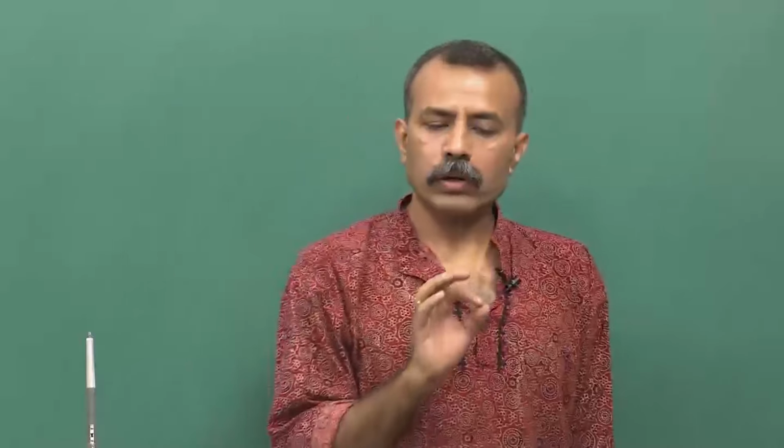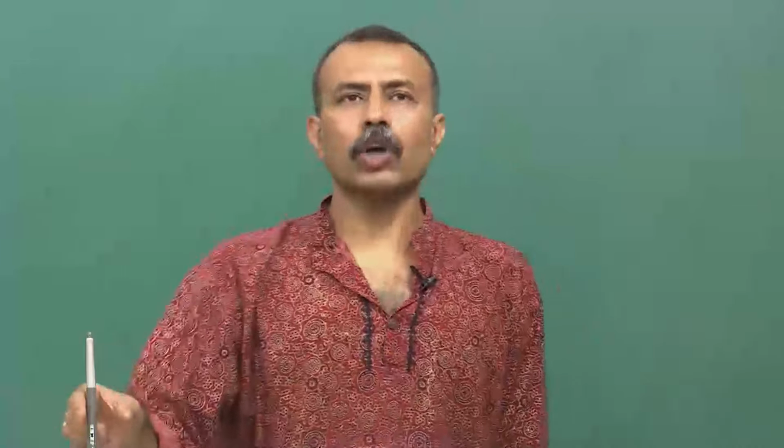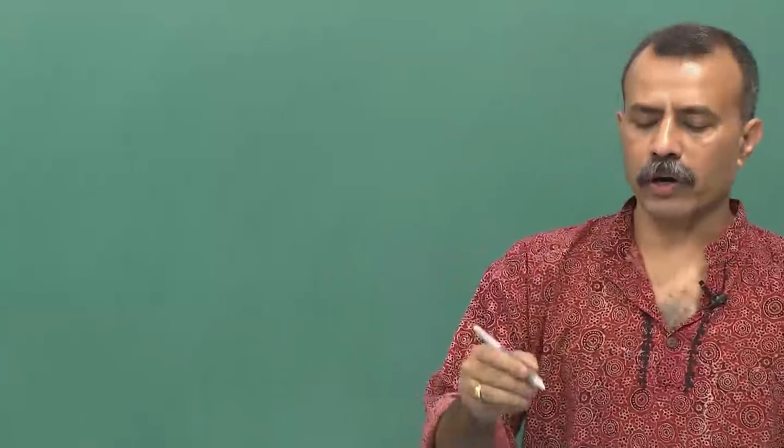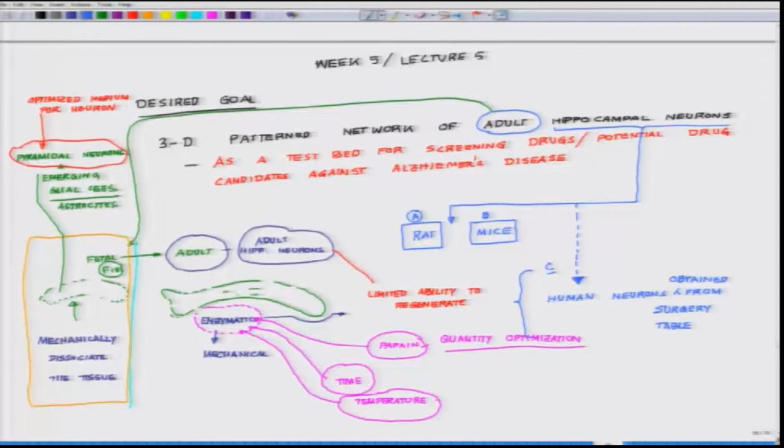So, the medium which is commonly used for fetal hippocampal neuron is called neurobasal medium. You can go online and check it out. Okay. Neurobasal medium, and neurobasal medium is supplemented with a composition called B27. This composition was developed primarily by a gentleman called Gregory Brewer.